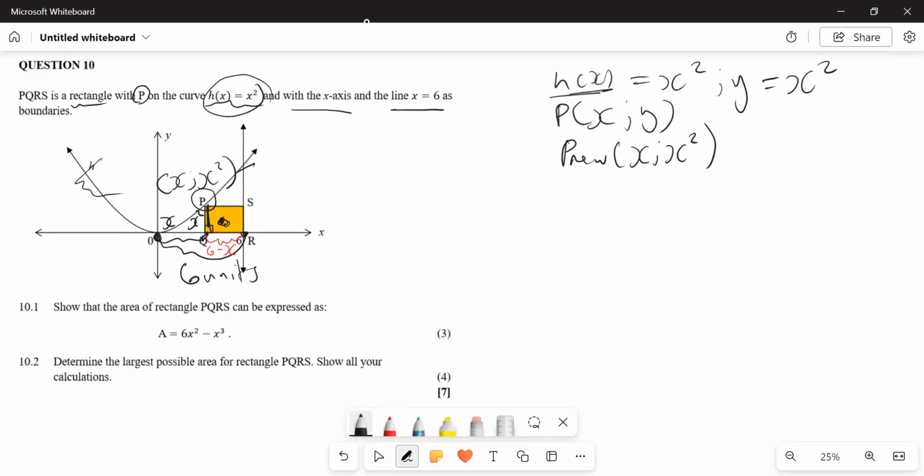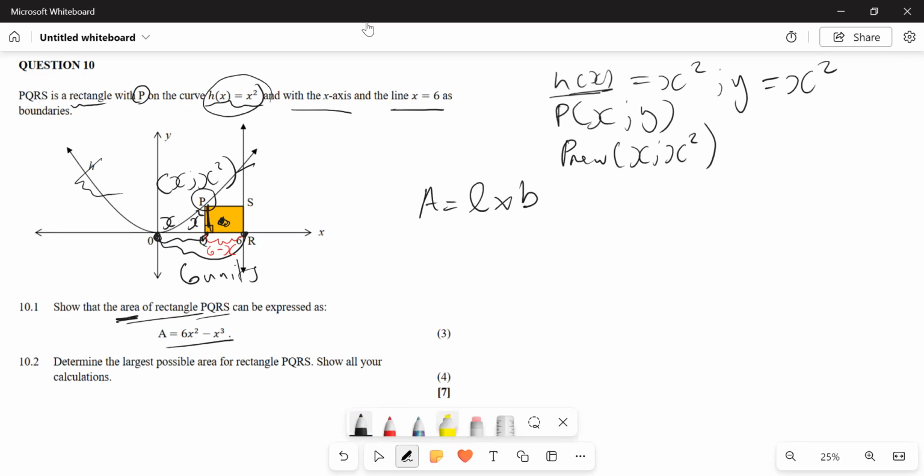Now they said show that the area of the rectangle PQRS can be expressed as 6x squared minus x cubed. As soon as I see the cubic area of a rectangle, I think of this: area of a rectangle is length times breadth.